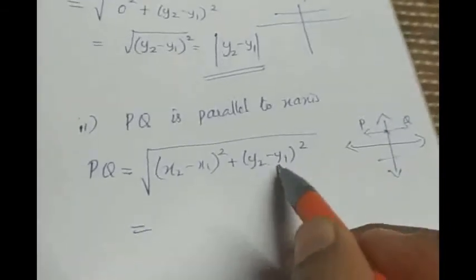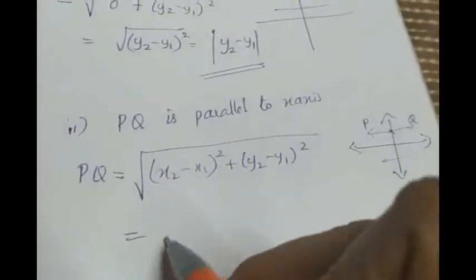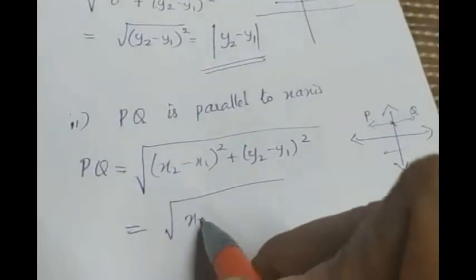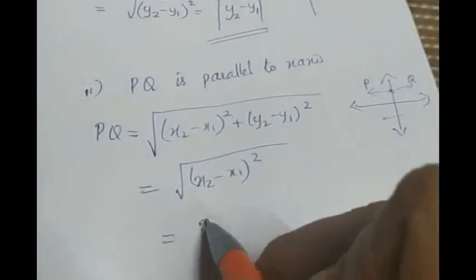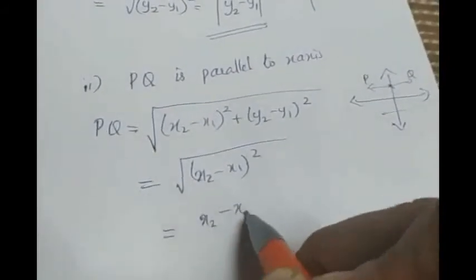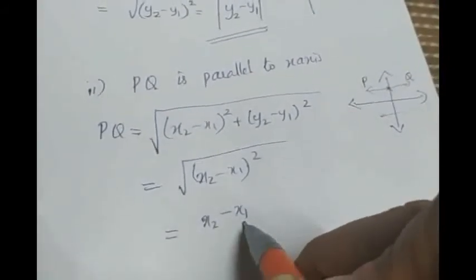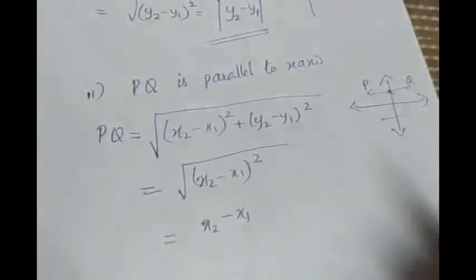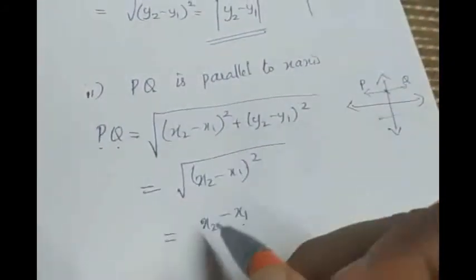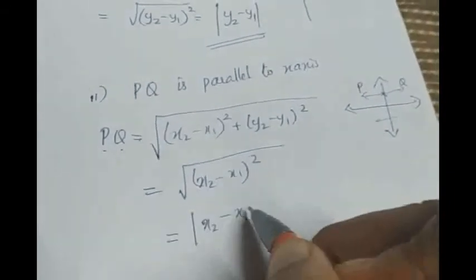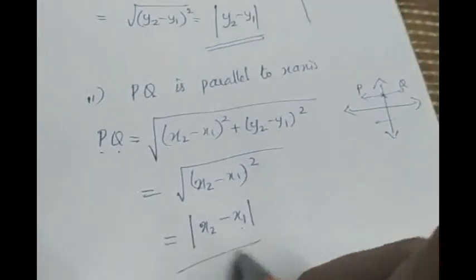So y2 minus y1 will be 0, and it will be square root of (x2 minus x1) the whole square. Here also when we take the square root, it will be x2 minus x1. Since there is a chance of x2 minus x1 being negative, and since PQ is the distance between P and Q, it must be positive. So we will write the answer as modulus of x2 minus x1.